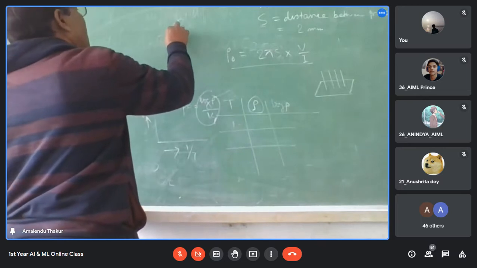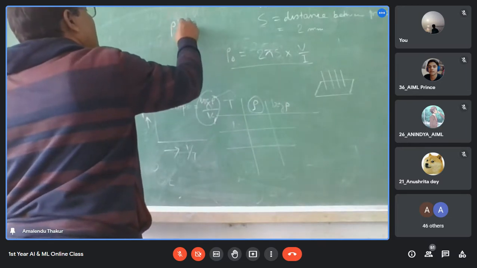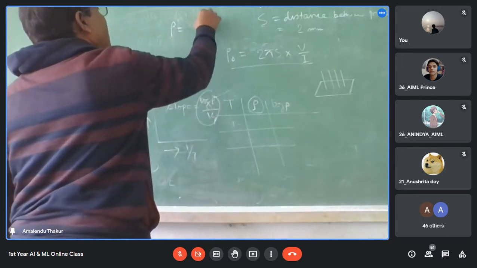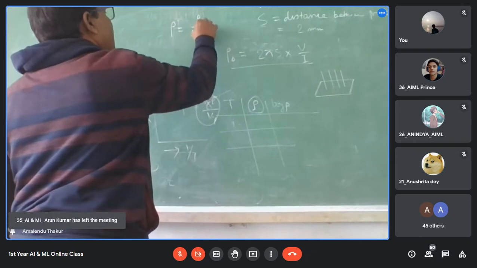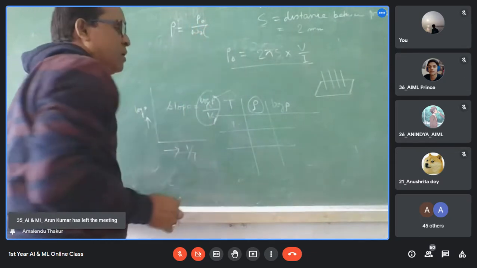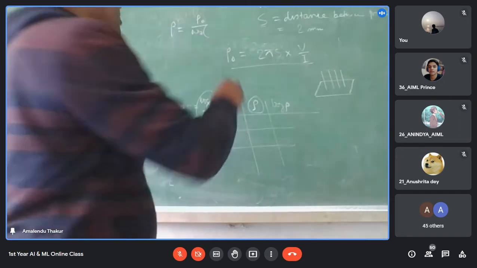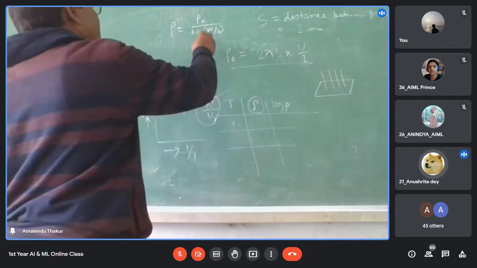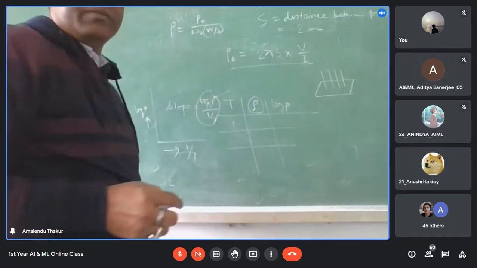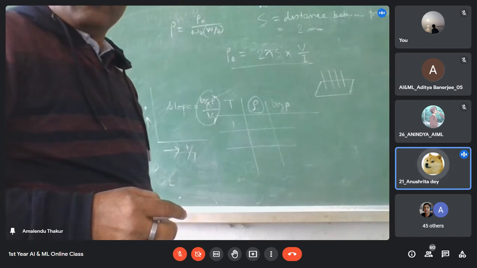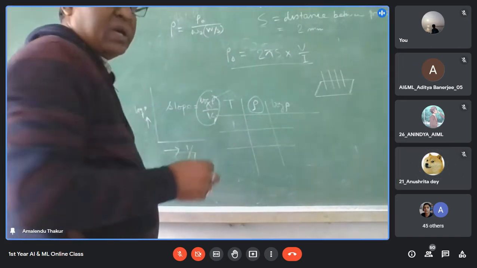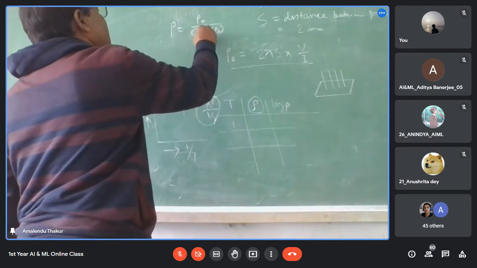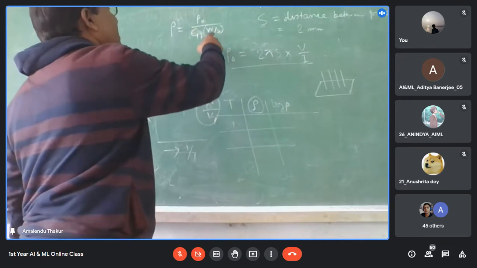This rho is the actual resistivity of the semiconductor, and it is given by rho naught divided by the correctional term G7 of W by S.